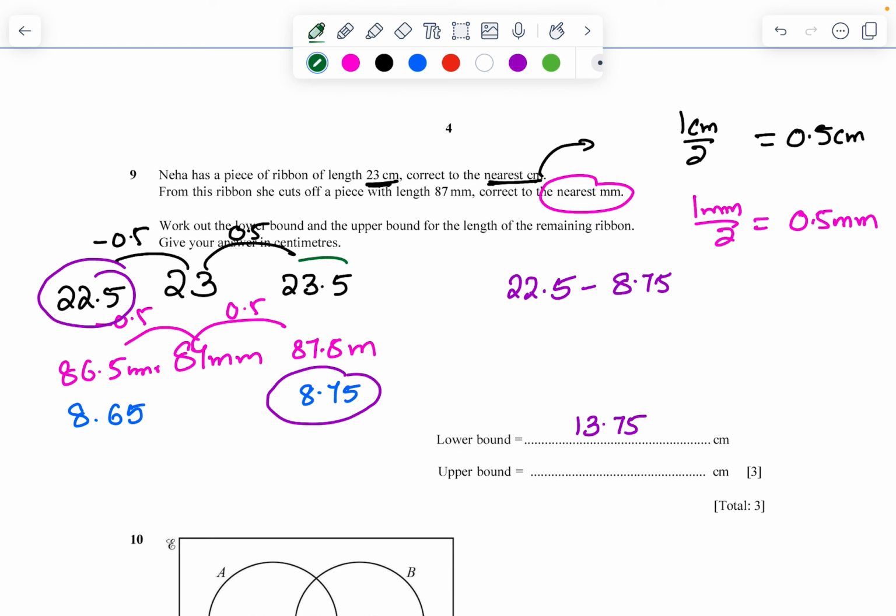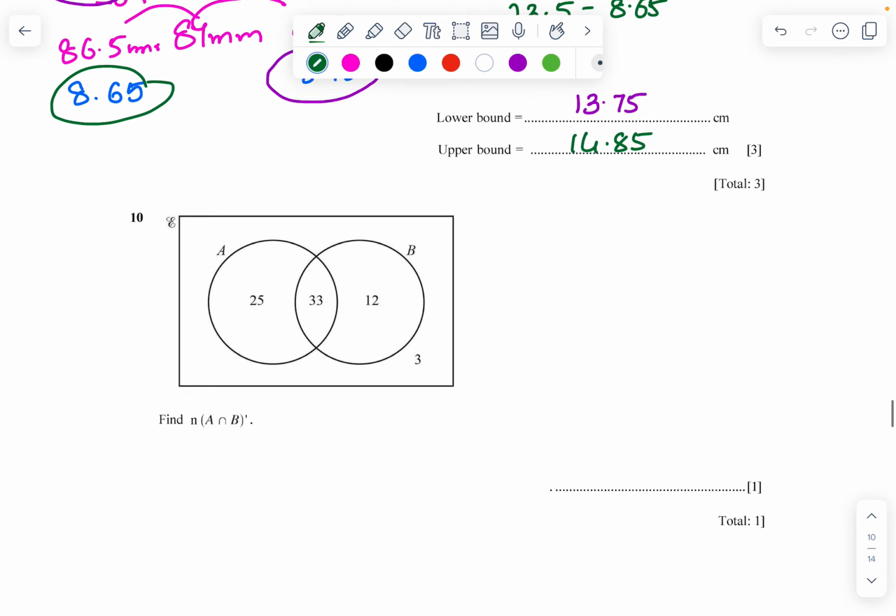And for the upper bound, 23.5 minus 8.65, which is 14.85. That's going to be the answer.